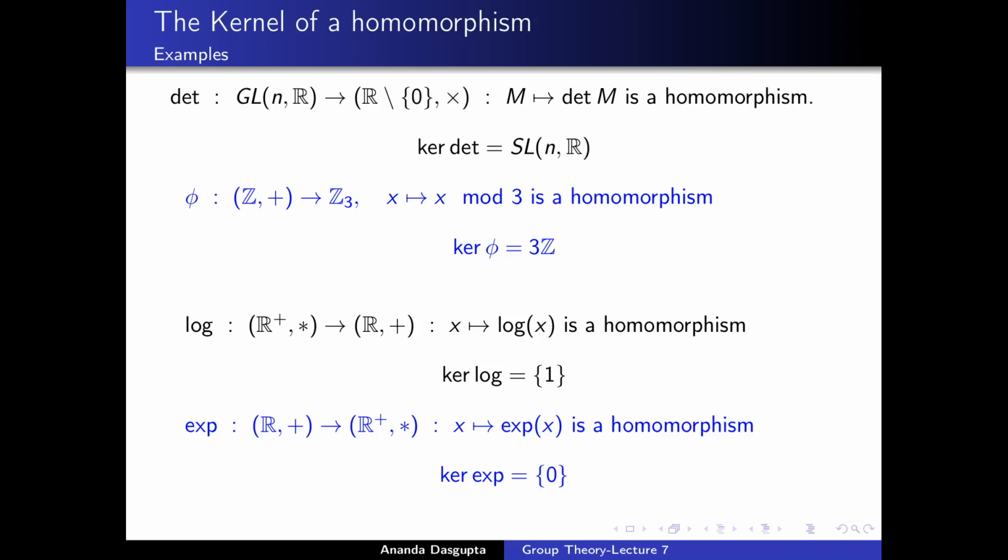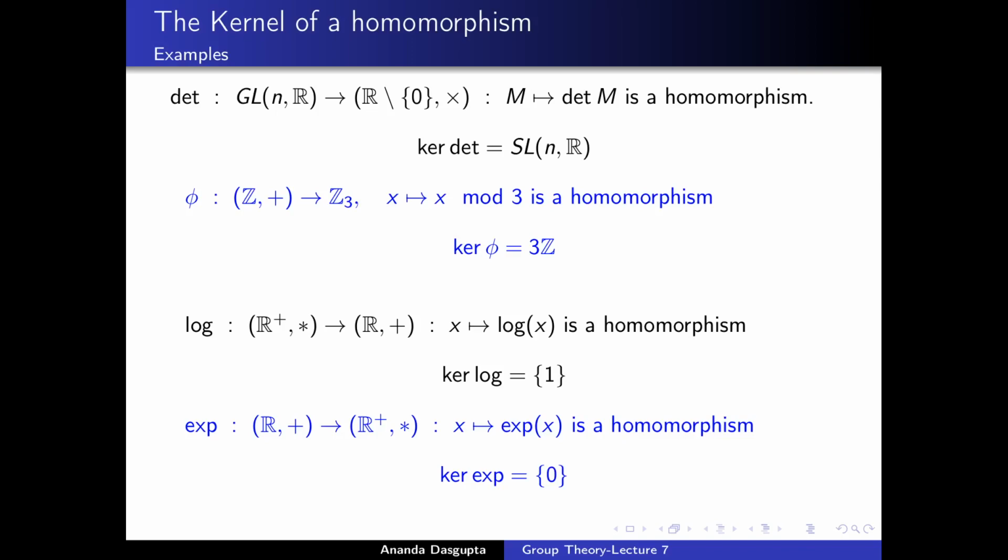However, if you look at these examples carefully, you will realize that this is actually more than just an ordinary subgroup in each case. The last two examples, well, they are a bit special. The kernel for both of those cases happens to be a singleton set with only the identity element, and those are of course subgroups of the domain group G1, but they are also normal subgroups.